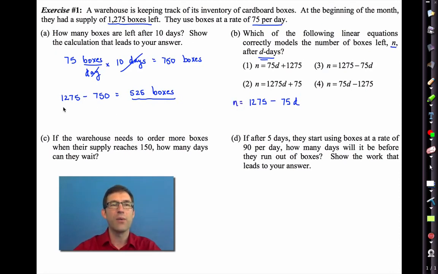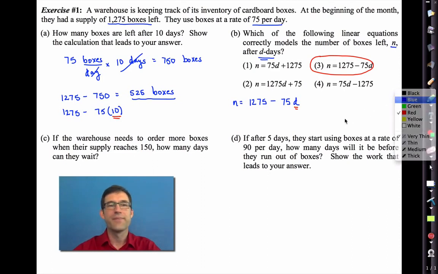That's exactly what we did, right? This was 1275 minus 75 times the number of days. So the only difference between these two is in this case, I know the number of days is 10. In this case, the number of days is left as a variable. And therefore, choice 3.